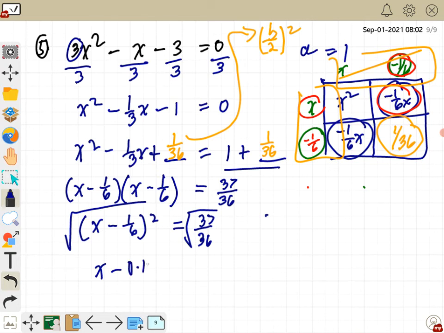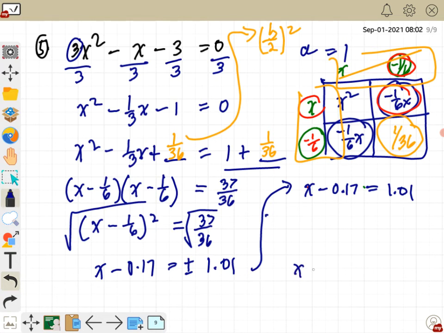The 1/6 is 0.17, and the square root of 37 divided by 36 is just 1.01, positive and negative 1.01. Solving this with the same procedure, we have x minus 0.17 equals the positive, and x minus 0.17 equals the negative.